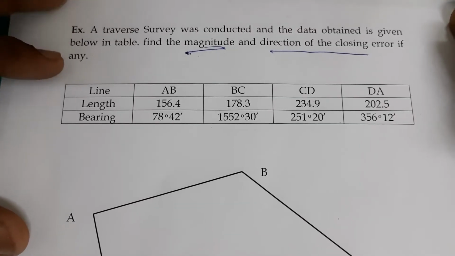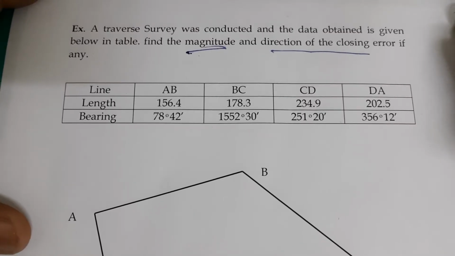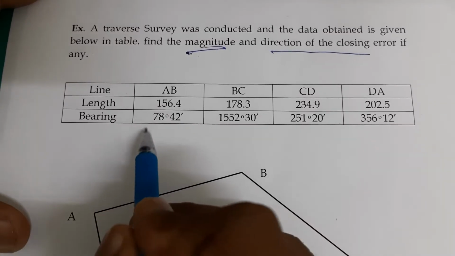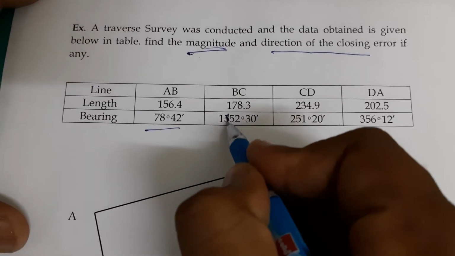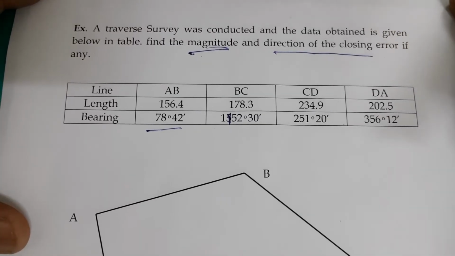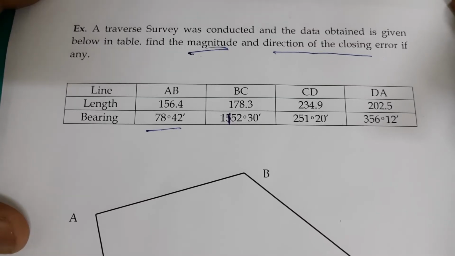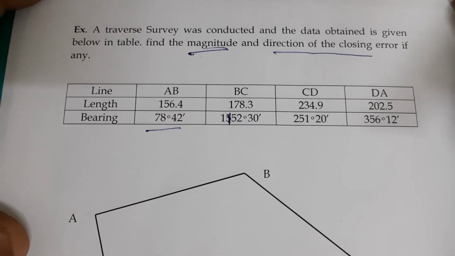Also the bearing of each line is given in the data. The bearing of line AB is 78 degree 42 minutes, then 152 degree 30 minutes, then 251 degree 20 minutes, and 356 degree 12 minutes.